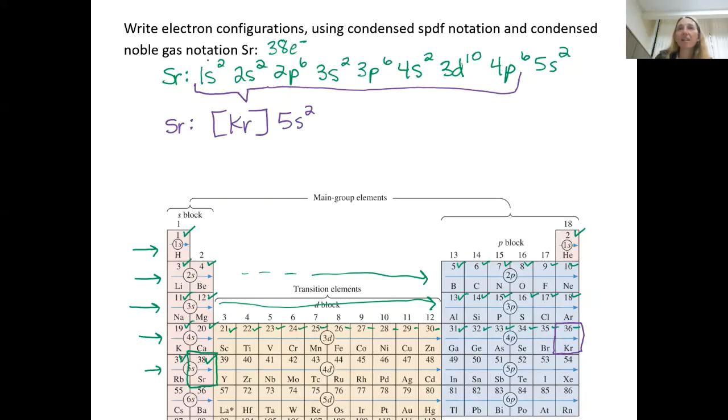Okay, and so this is called the condensed noble gas notation, right? Because I'm using the noble gas to tell you the last shell or energy level that the electrons fill, plus whatever's left over. Okay, so if I use that notation, I have to use a noble gas and then add whatever's left over.